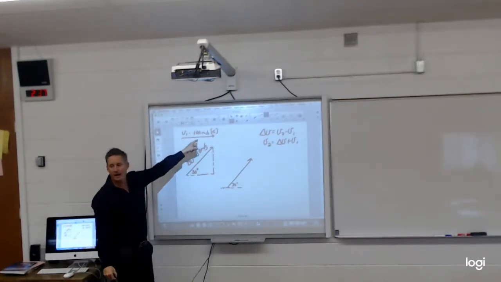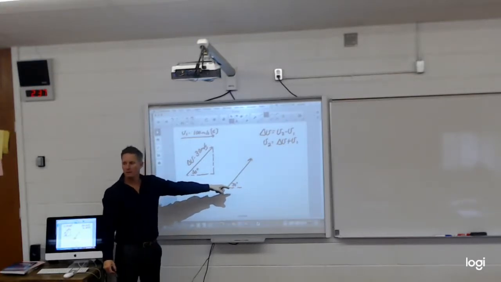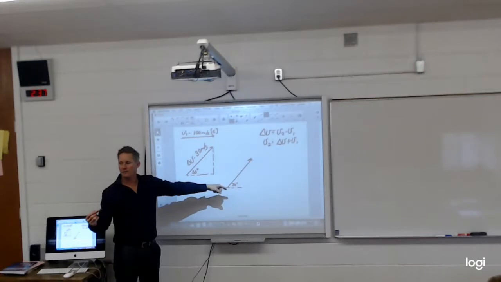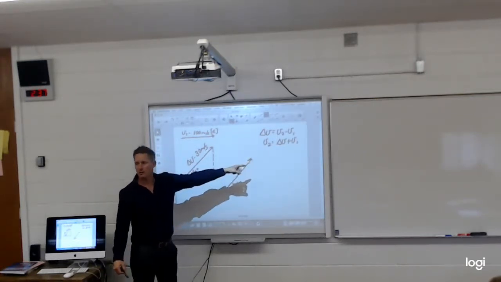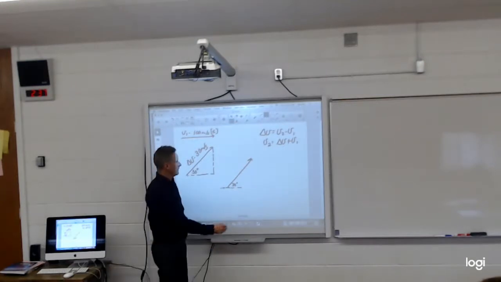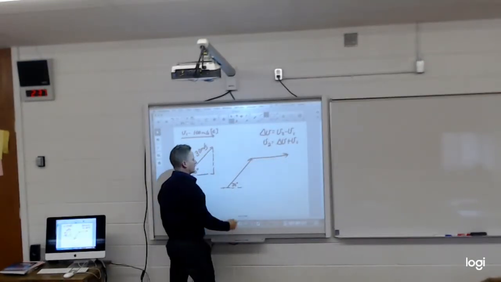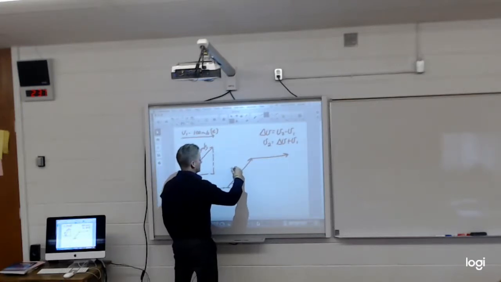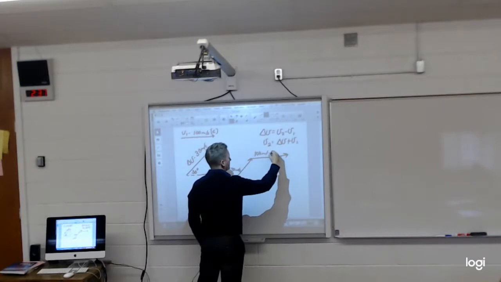Now I have to add that one to it. So do I draw it down here? Maybe, I don't know. Where do you draw your second vector? At the tip of the next one. So you do know that. Okay, so that goes right there. So I've got 30 meters per second here, and I have 100 meters per second right here.